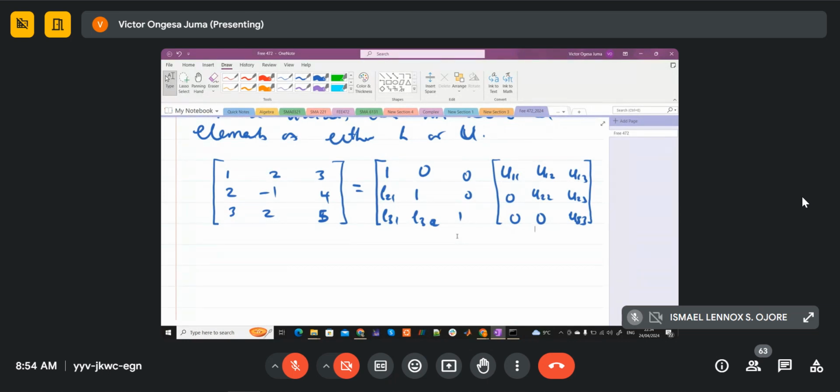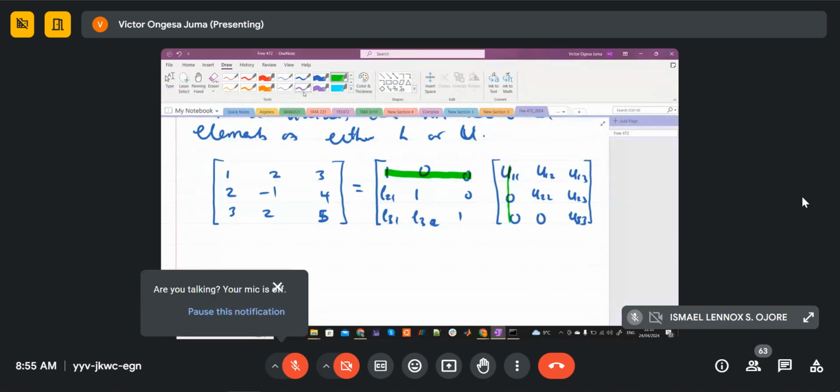So can we try to generate these values? You know matrices. If you multiply matrices, then the first element will be the same as the first element on the other end. So for example, if I take the first row multiplied by the first column, you know that matrices multiply row by column. And so if you take that first row multiplied by the first column, what do you get?